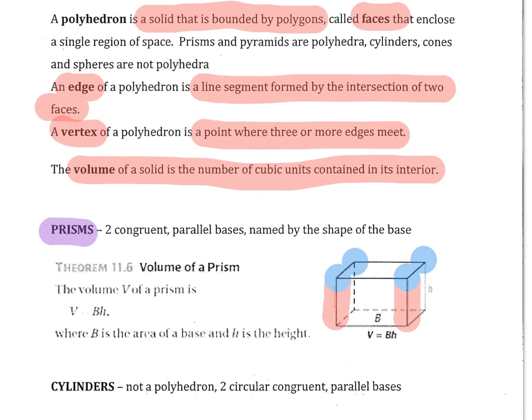It has two congruent parallel bases, and it's named by its shape. So this first one has rectangular bases, so this would be a rectangular prism.